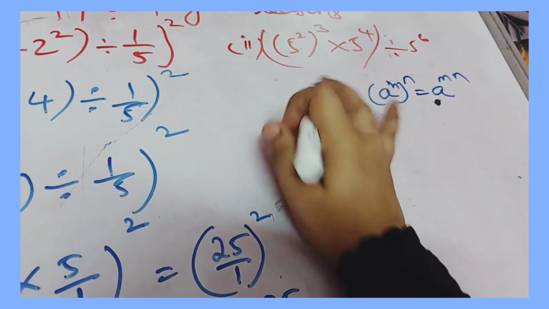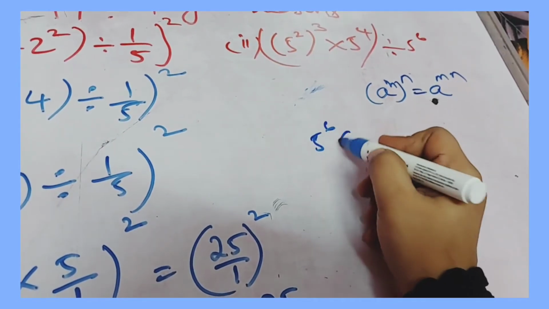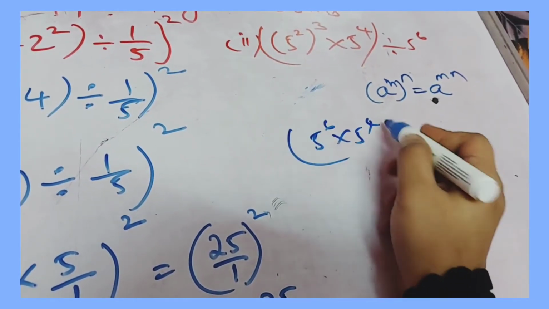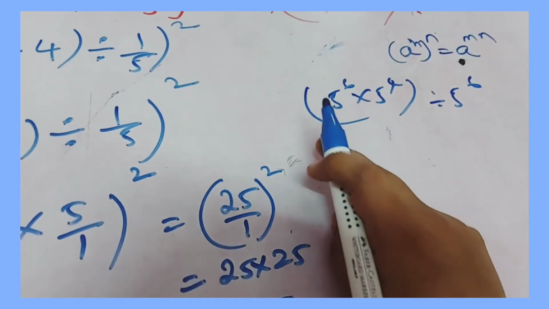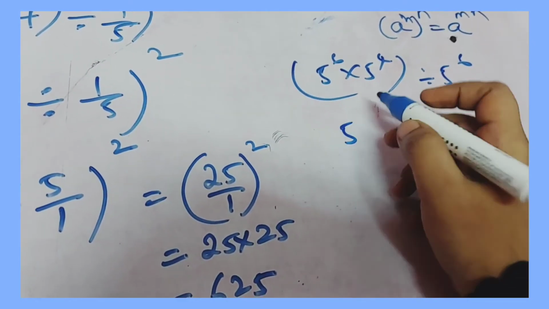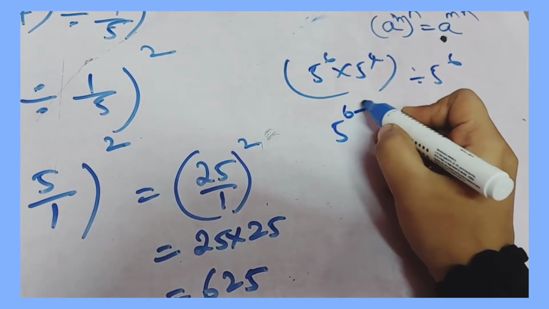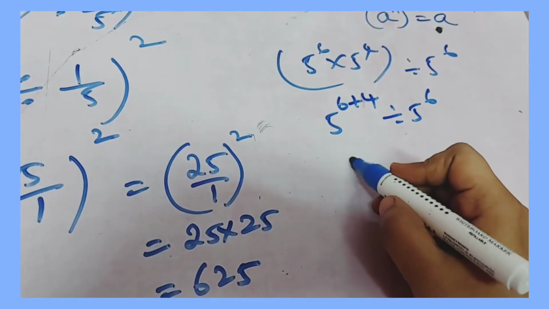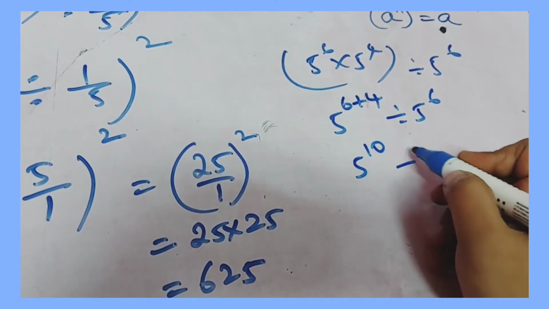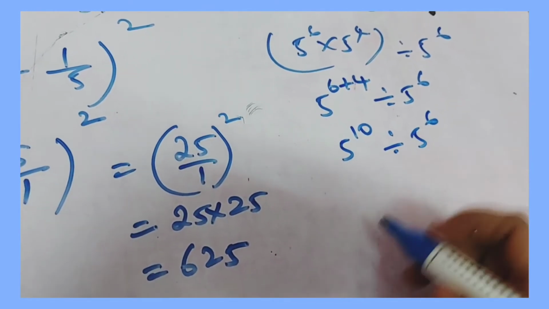We will take here 5 to the power of 6 into 5 to the power of 4 divided by 5 to the power of 6. If the bases are the same, powers should be added. 5 to the power of 6 plus 4 divided by 5 to the power of 6. It is 5 to the power of 10 divided by 5 to the power of 6.